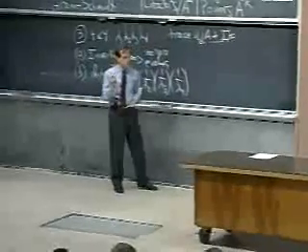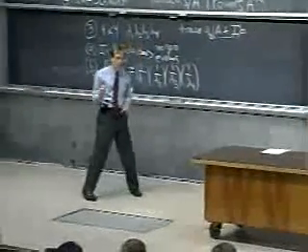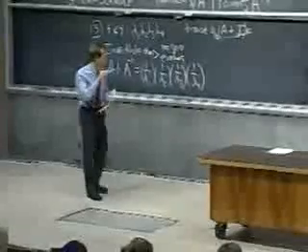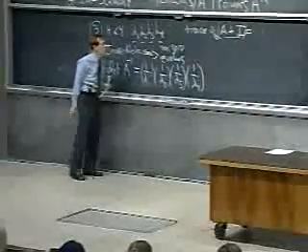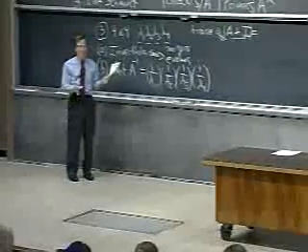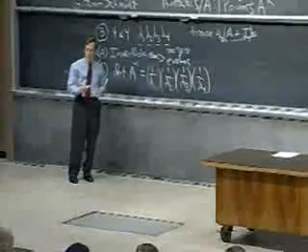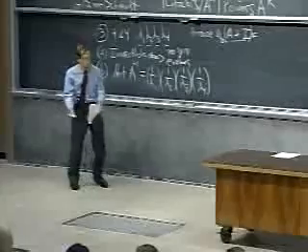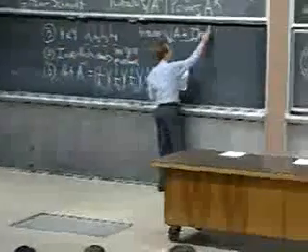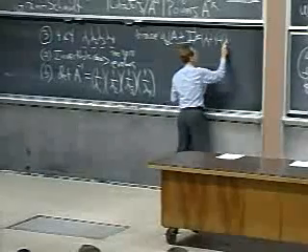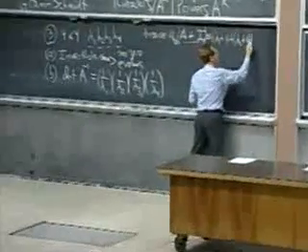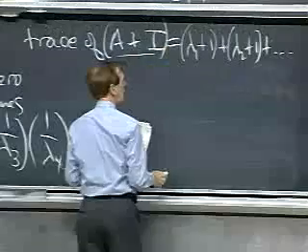So what's the first eigenvalue of A plus I? When the matrix A has eigenvalues lambda 1, 2, 3, and 4, then if I add the identity, that moves all the eigenvalues by 1. So I just add up lambda 1 plus 1, lambda 2 plus 1, lambda 3 plus 1, lambda 4 plus 1.